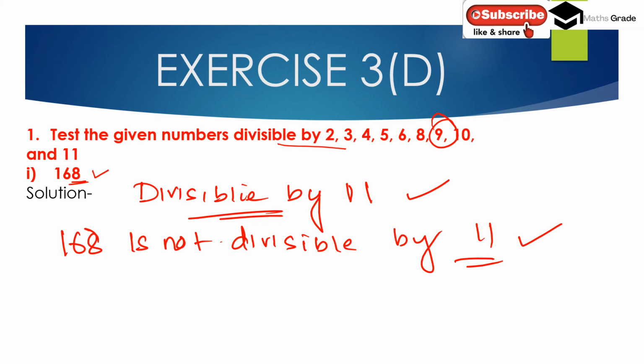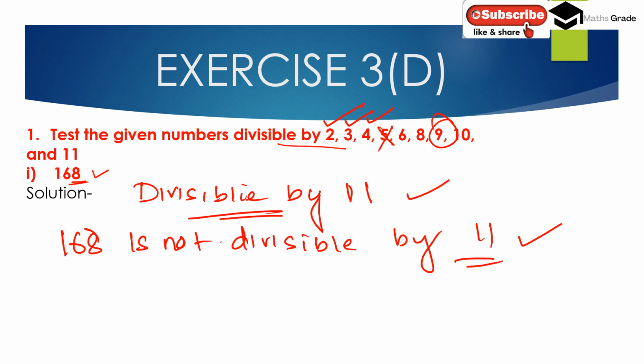Now all done. 168 is divisible by 2 because the unit place digit is 8 and 8 is divisible by 2. The sum of digits of this number is 15, which is divisible by 3, so this number is divisible by 3. The last two digits of this number, 68, are divisible by 4, so this number is divisible by 4, but this number is not divisible by 5.